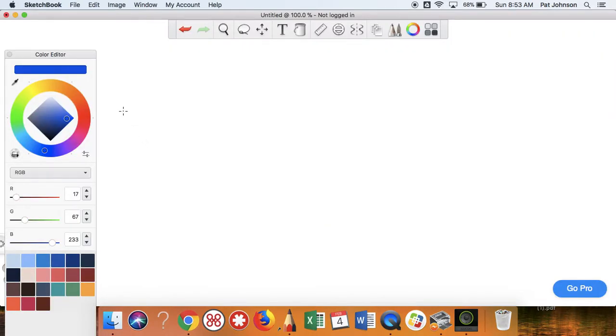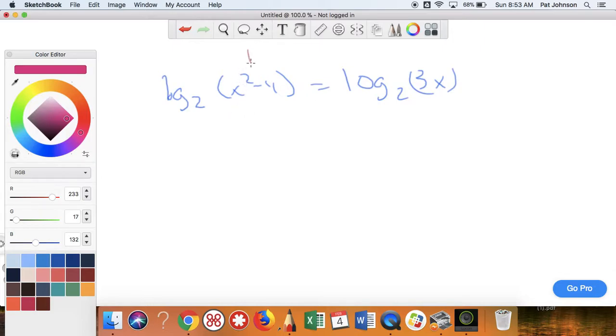that tells us solve log base 2 of x squared minus 4 equals log base 2 of 3x. Now remember, I said it was really important to be able to identify our argument. This is our argument and this is our argument. We have two logs, one on the left, one on the right. Do they have the same base? Yes. So these are equal if and only if the arguments are equal.